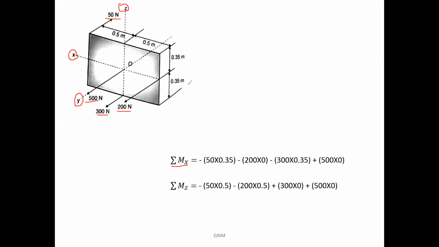For ease of writing, I am assuming that my direction of observing this figure, observing all forces and their rotation, is from this side. From this side, I am looking towards the diagram.